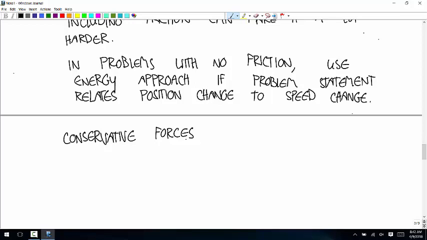Although it's true that it is related to conservative, I wasn't going to say that. I was going to say conservative forces and potential energy.